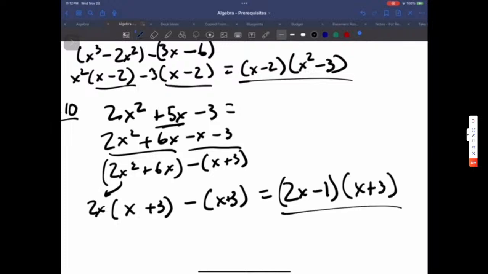And that is the factorization. It took some creative grouping, but we got it to work. And that closes out this section.